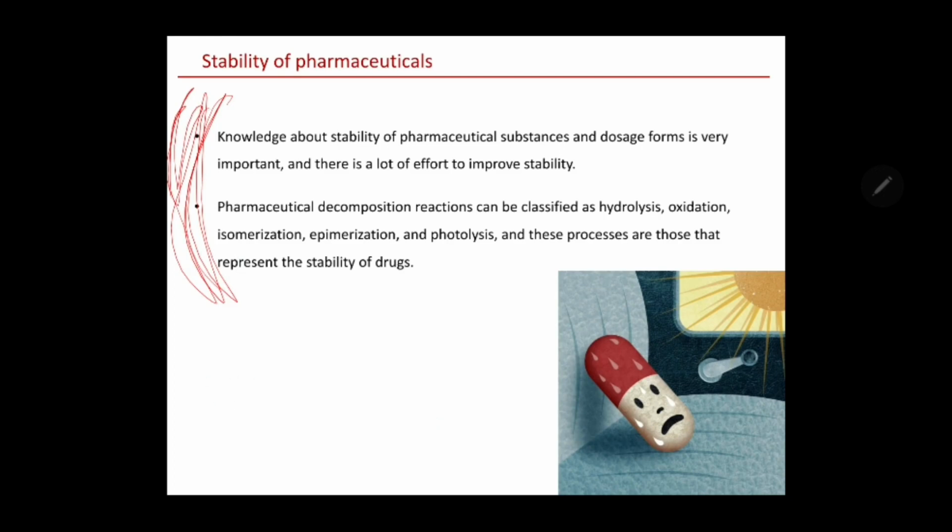We have to have an idea about the order of reactions and the rate of the reaction to be able to predict stability of pharmaceutical products and to make certain predictions to know when the drug will degrade and how much time it takes for the drug to remain fit for the intended use.